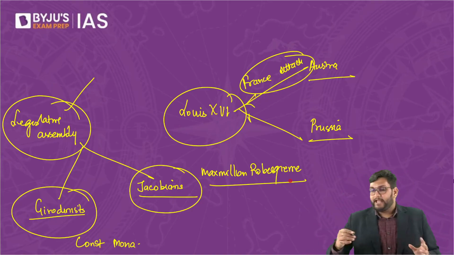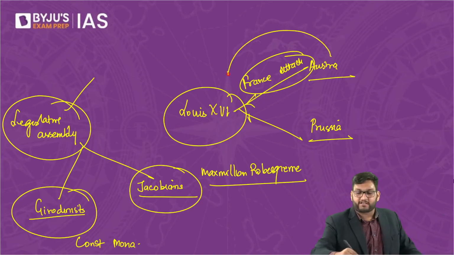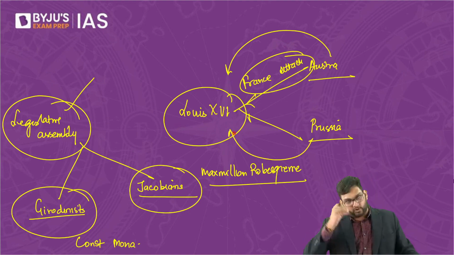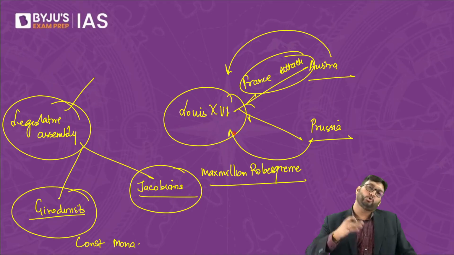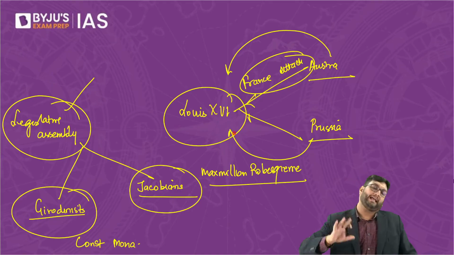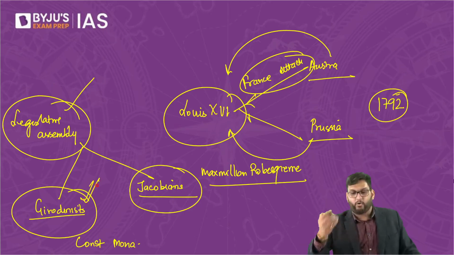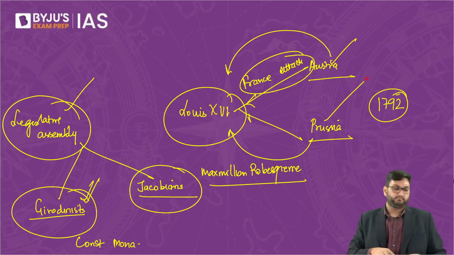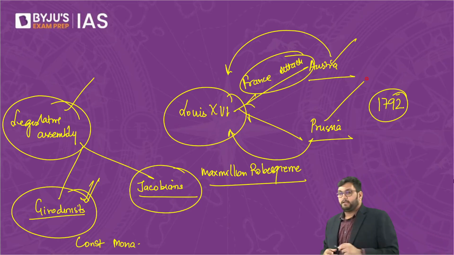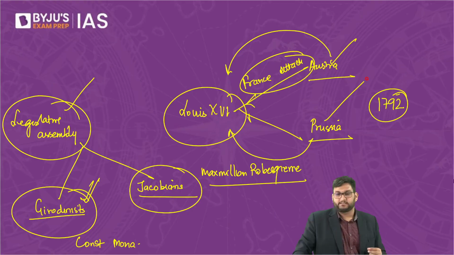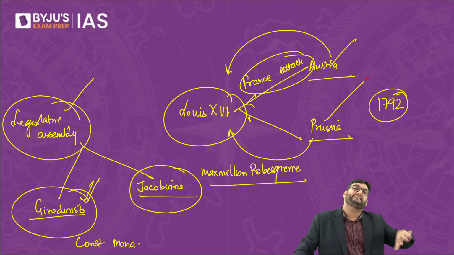However, even before Austria and Prussia could attack France, the Girondists got to know that Austria and Prussia are mobilizing their forces, and in 1792, these fools will declare war on Austria and Prussia. And from 1792 onwards, the French will now fight a war on two of their borders.